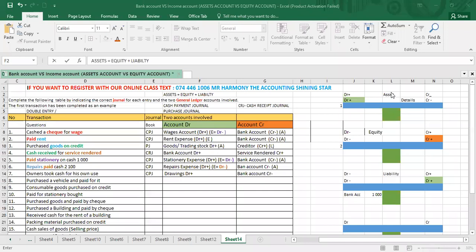Right, we're going to be using three accounts. In order for us to get the correct answer from this transaction, from all these questions, what is it that will help us get the correct answer? The asset account, the equity account, and the liability account. Those are the three accounts that will help us get the correct answer when we read each and every question here.